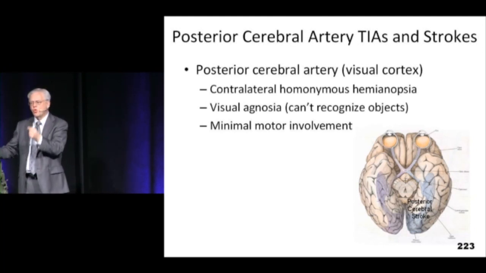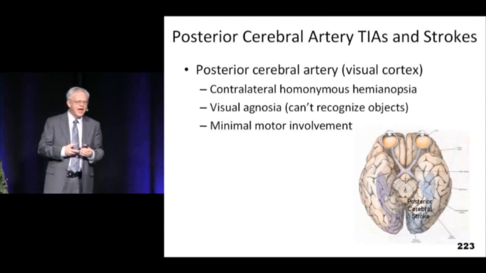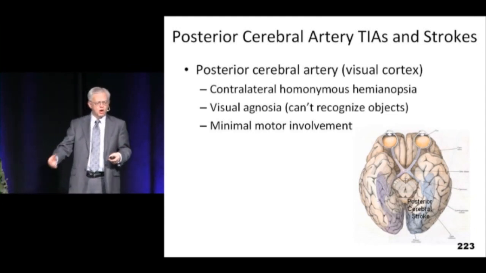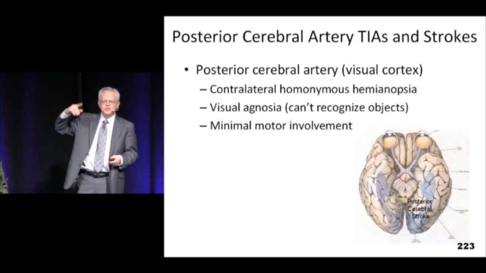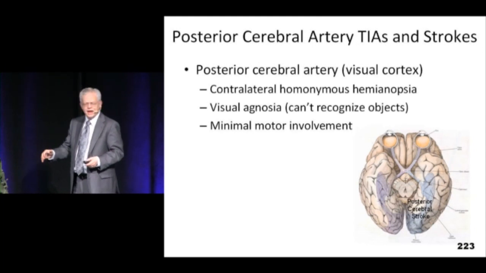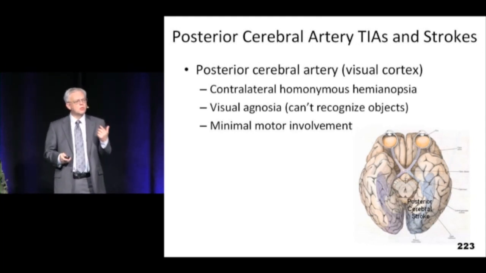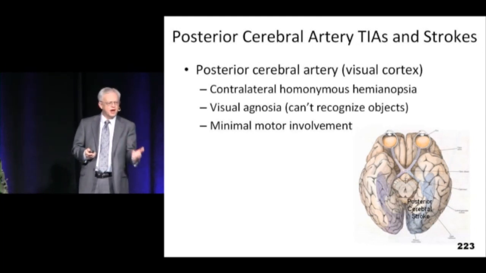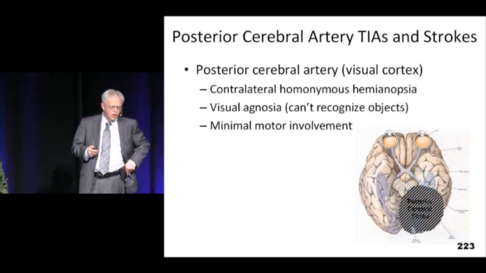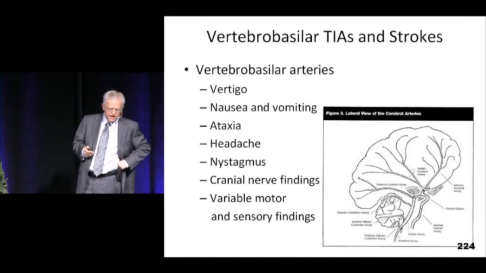This controls coordination. So whenever you see somebody come in and they can move the arm, but they walk, they cannot balance themselves, this is almost always in the posterior fossa. That will influence your decisions on whether somebody gets any medication at all.